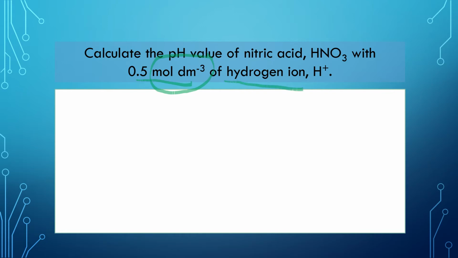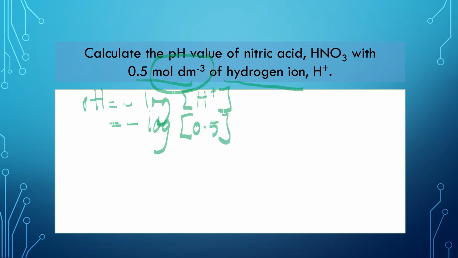Okay, so by using the formula pH equals negative log concentration of hydrogen ion, you write negative log, the concentration of hydrogen ion is 0.5 given in the question. Okay, so you got the value, the log 0.5 is negative 0.301.